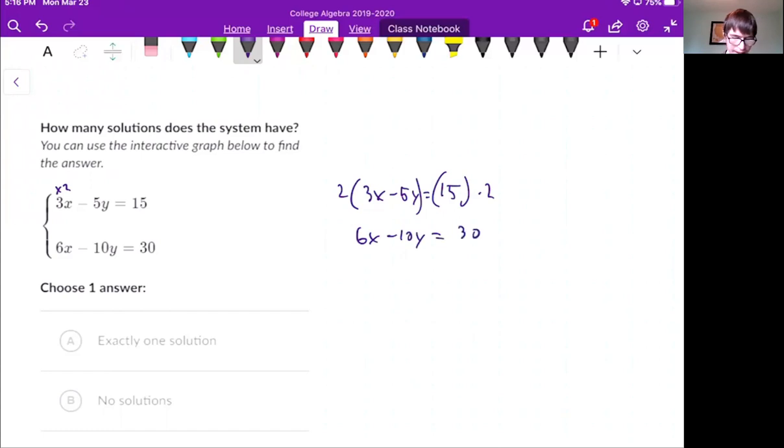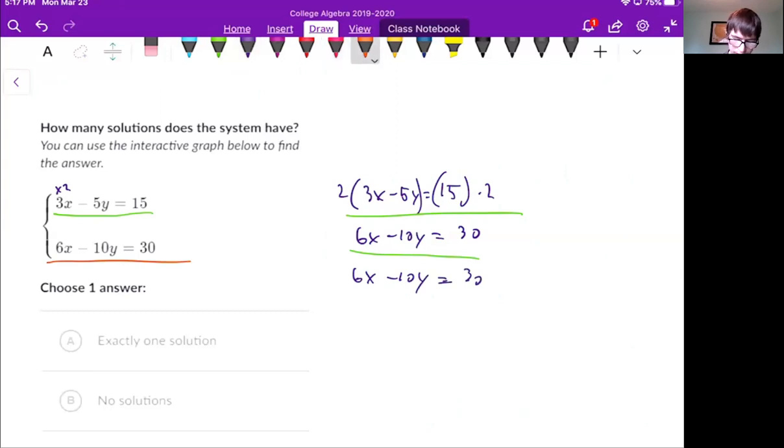That's the first equation. And the second equation, let's say that's the orange one. Let's write the orange one down. That is 6x minus 10y equals 30. Interesting. So that's the orange equation.